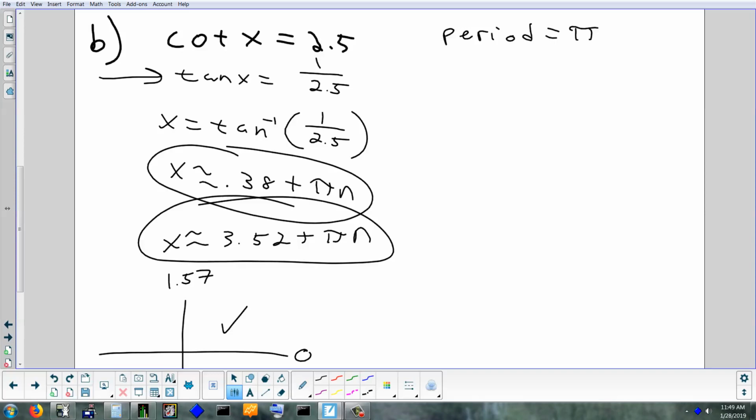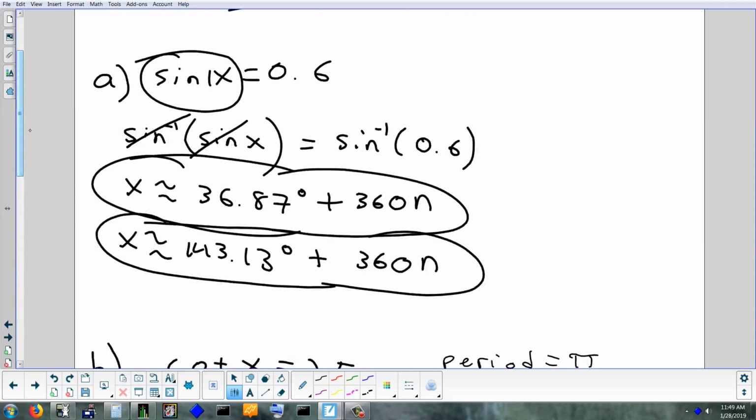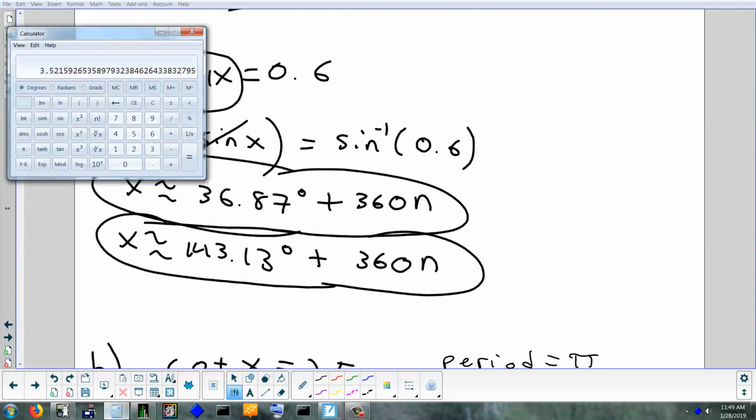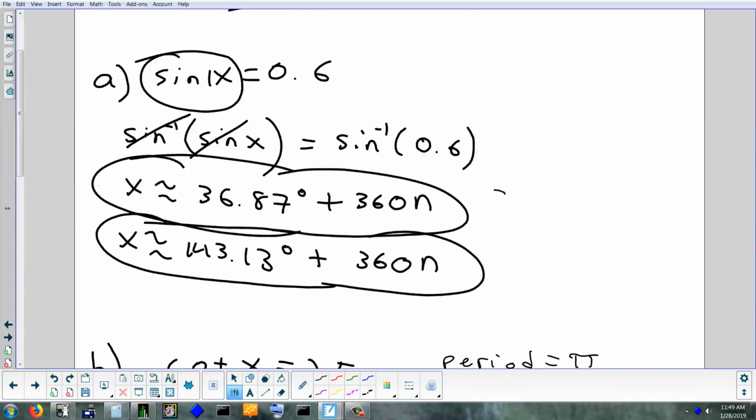All we did is we just kind of followed all the steps. We got the answers, but let's look at this last one. If I start listing the answers here, let's just take 36.87 and let's list the next positive answer. So plus 360, I get 396.87.